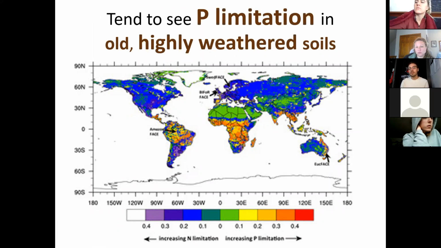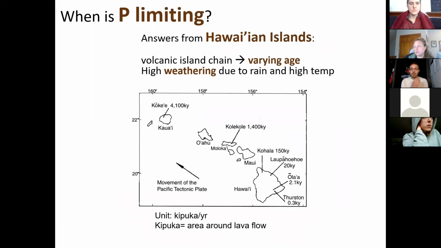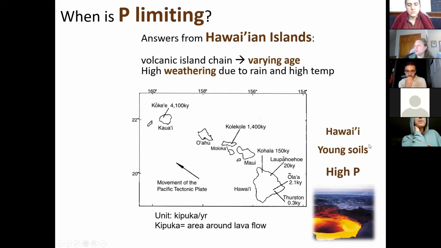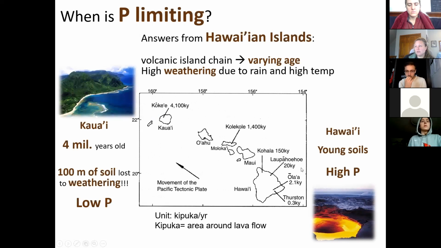Okay, the newer soils have more phosphorus. So for example, if we looked at the archipelago of Hawaiian Islands, there are some of those islands that came first, and some that are older, and some that are newer. So the young soils in Hawaii have higher phosphorus. And the older soils, like Kauai, which is an older island that rose up earlier, has lower phosphorus.